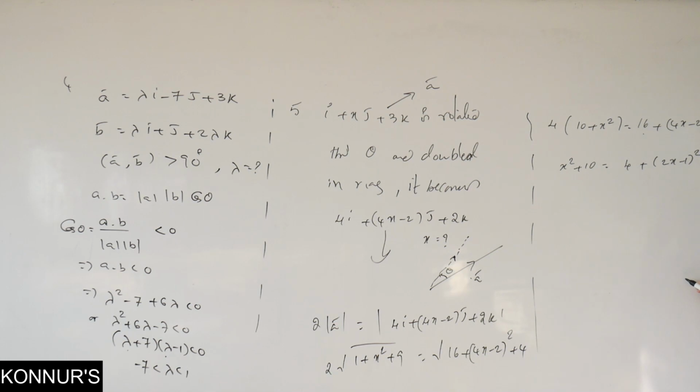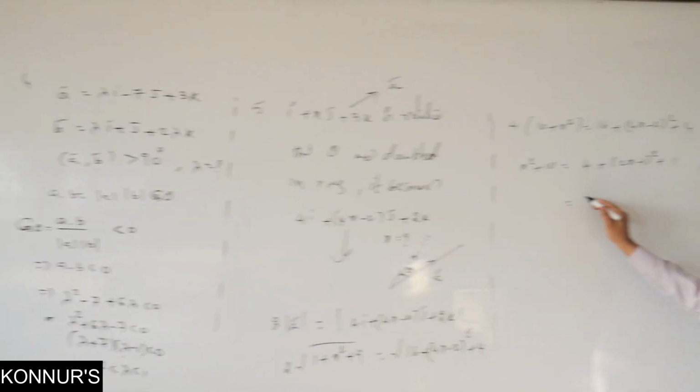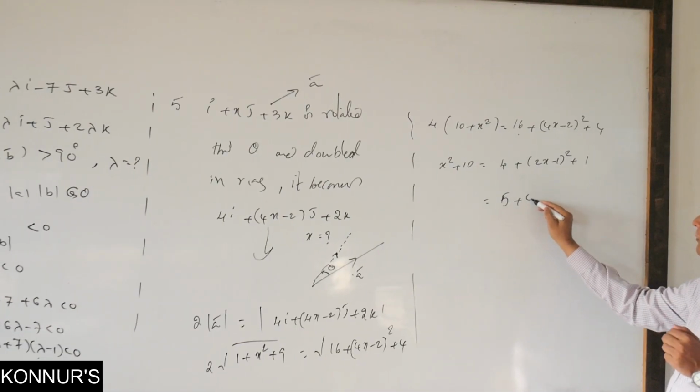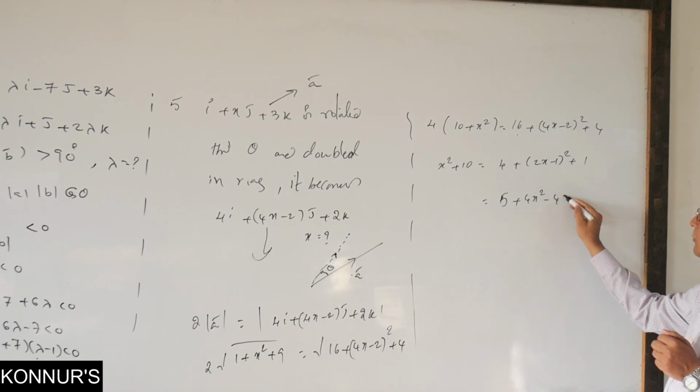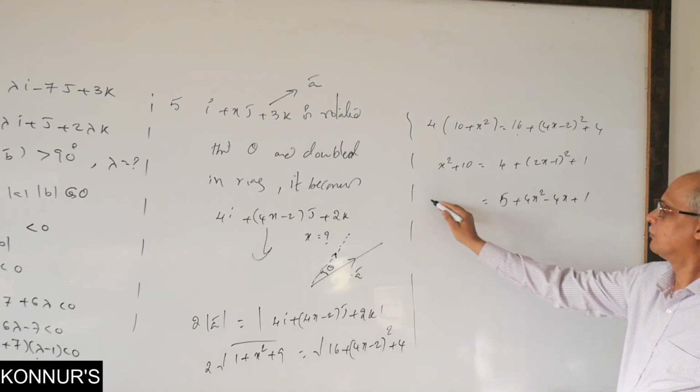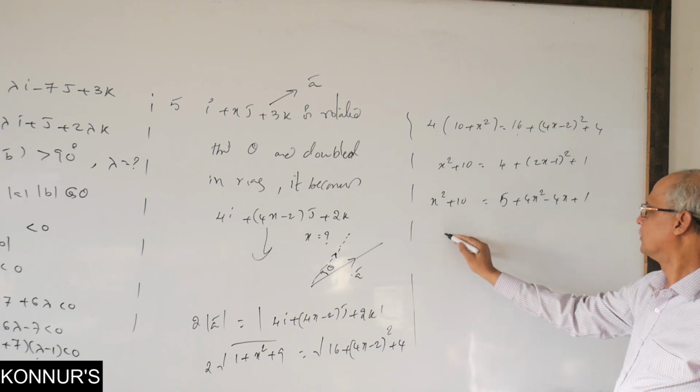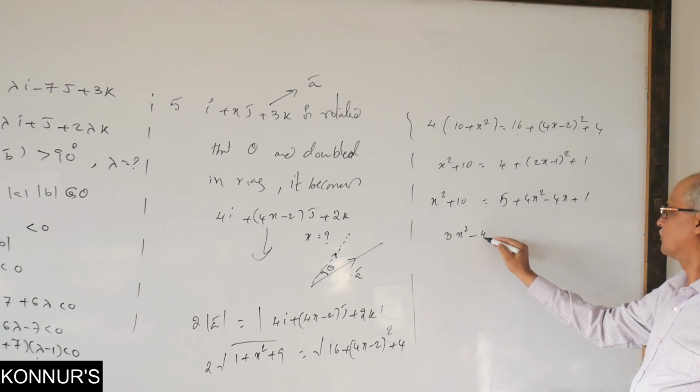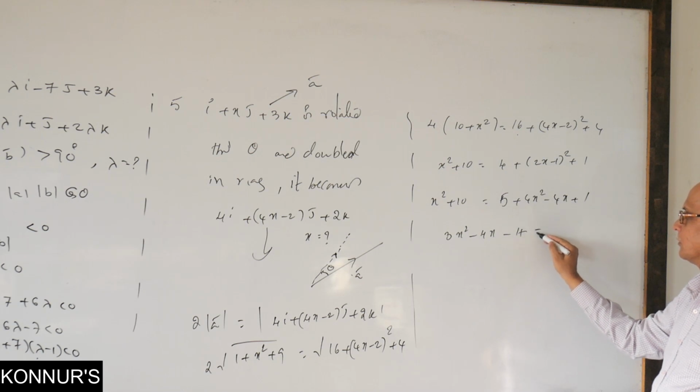As well, equations we are getting: 5 equals 4x square minus 4x plus 1. Simplification only. You can finish here: 3x square minus 4x minus 6 minus 10.